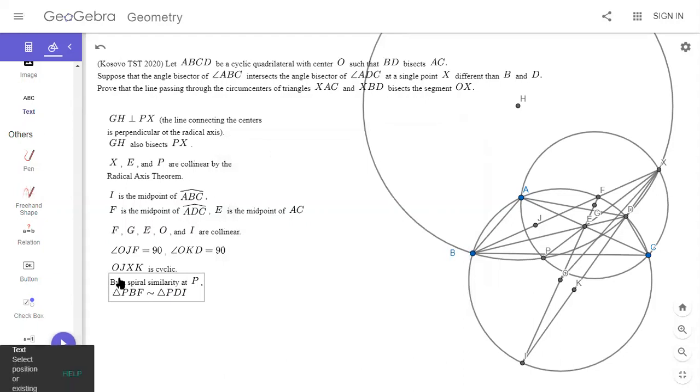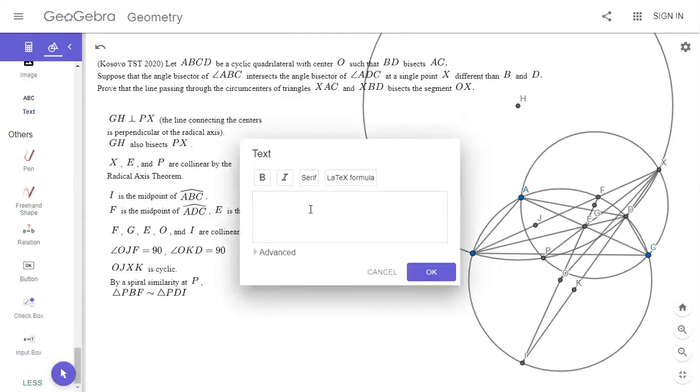And then J corresponds to K. Triangle PDJ is similar to PDK.